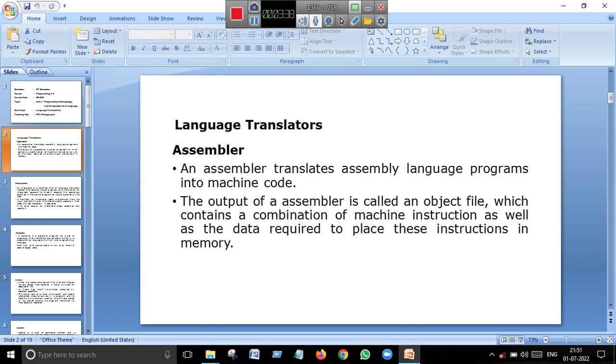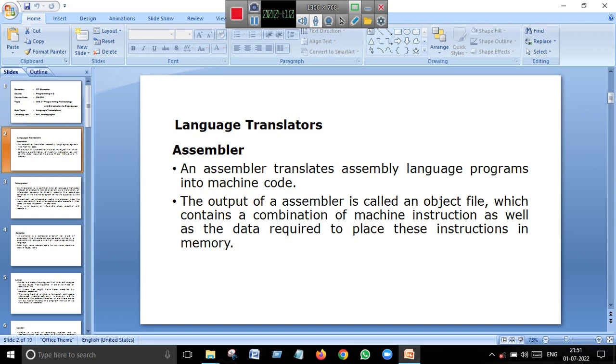Low level languages are again classified into assembly language and machine language. Here the machine language is a binary language which can be directly understood by a machine. It is in the form of zeros and ones.